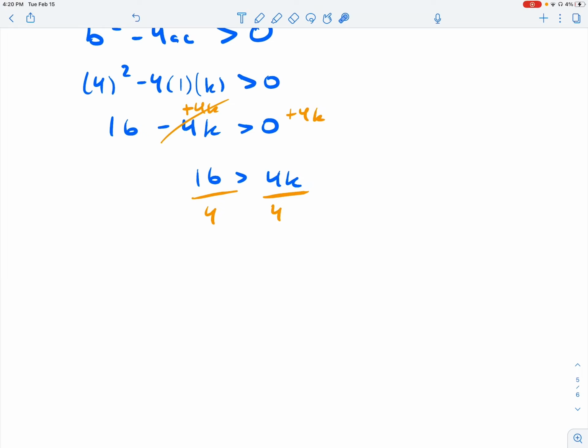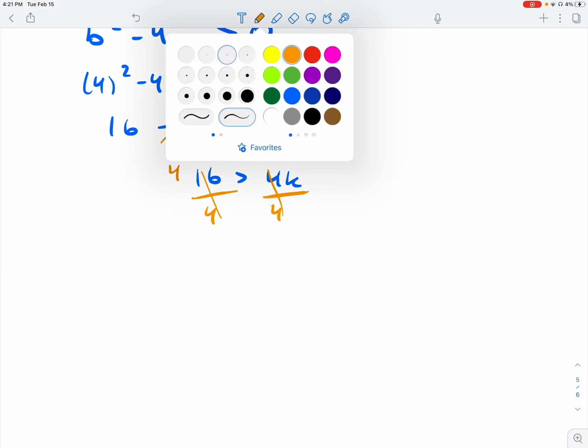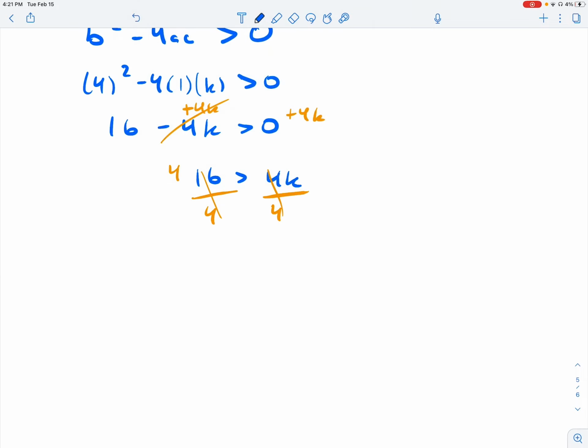Some of those scenarios will come up later on, way down the road, and we'll deal with those later. But you can make a mental note of that: whenever you're working with inequalities, if you ever divide by a negative value, you have to flip the inequality the other way. But we don't need to worry about that just yet. So we're going to have k smaller than 4.